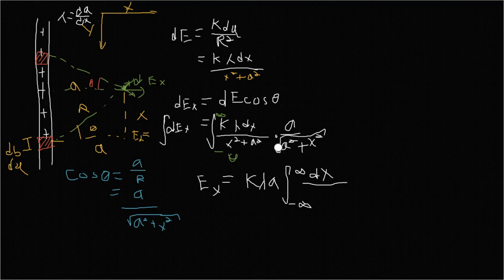So if we consider this to be a 1/2, the whole quantity down there is going to be x squared plus a squared all to the 3/2.